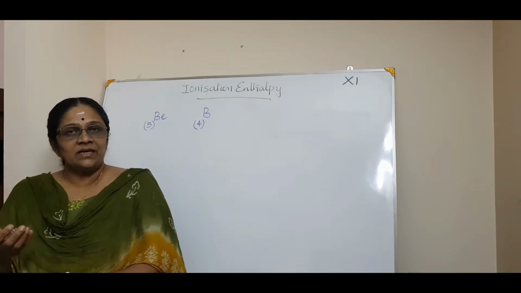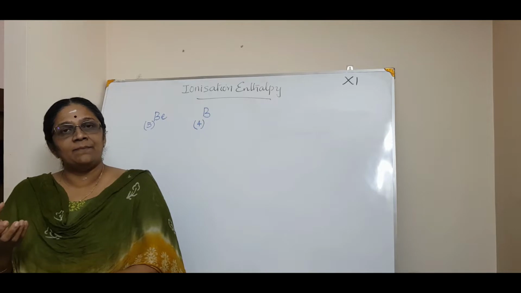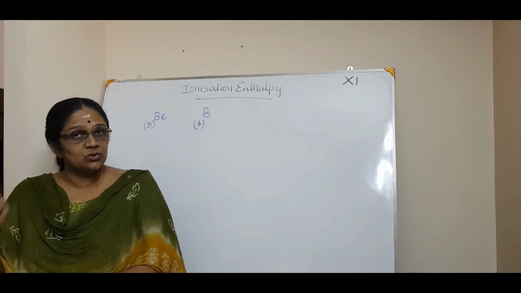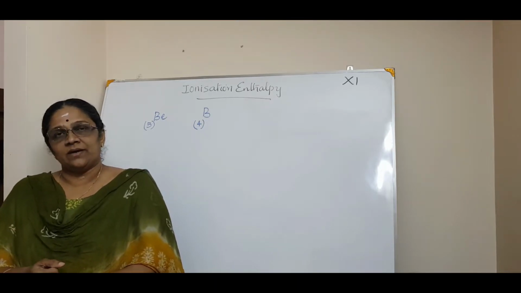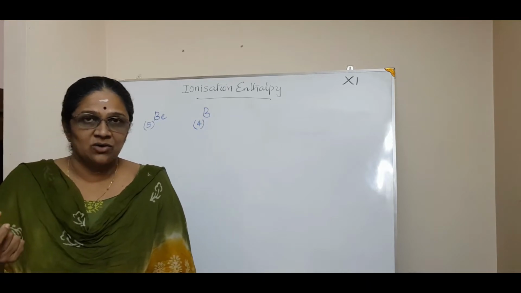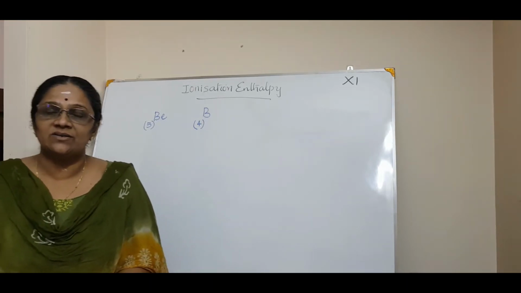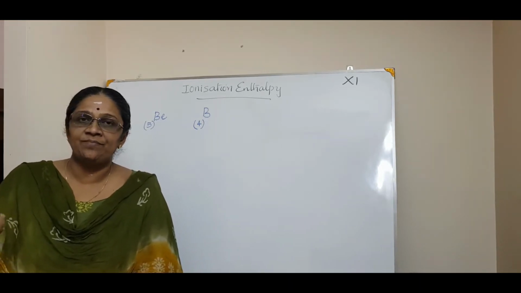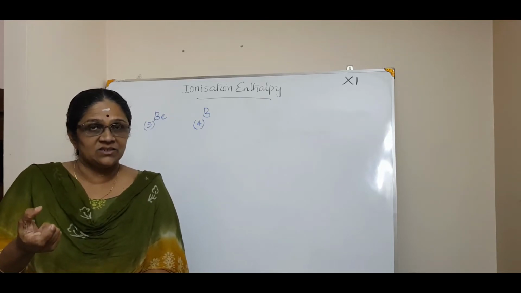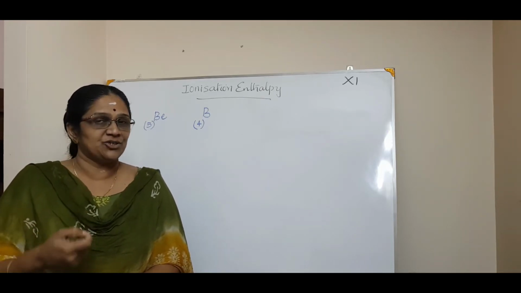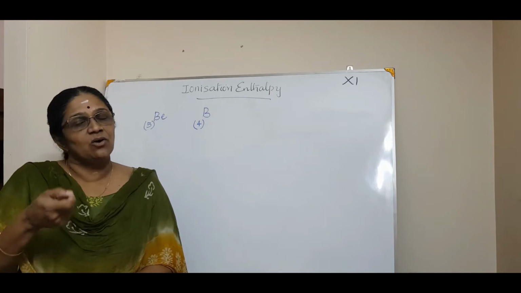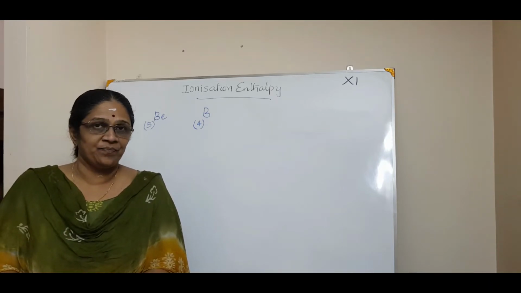And normally the ionization enthalpy is negative or exothermic reaction. Okay. So in order to remove an electron, the most loosely bound electron from a gaseous neutral atom, we have to give energy. Sorry, it is an endothermic reaction. We have to give energy in order to remove an electron.